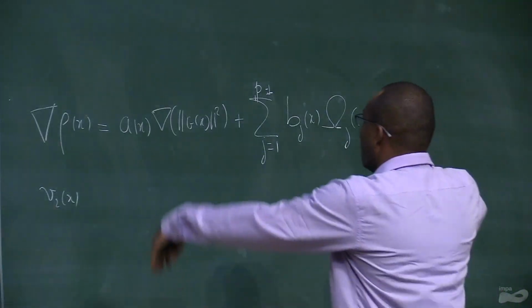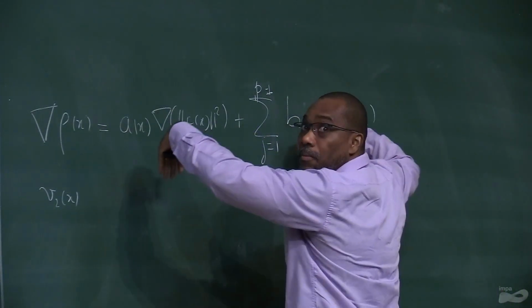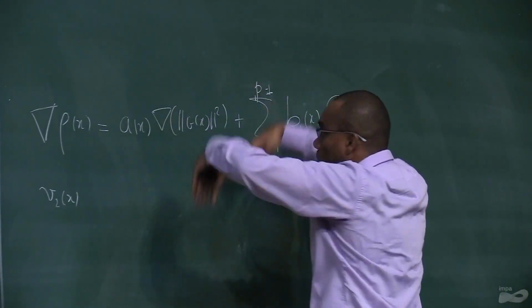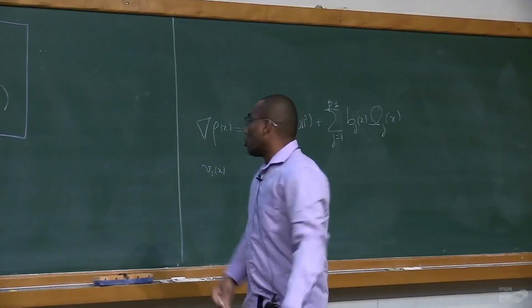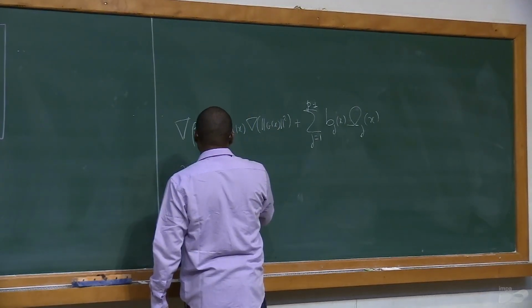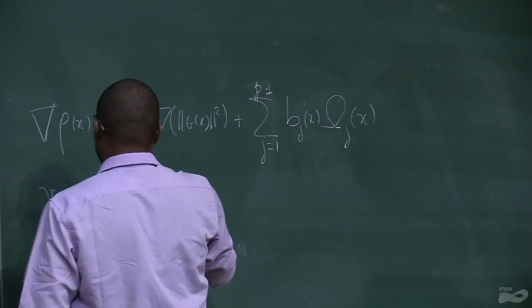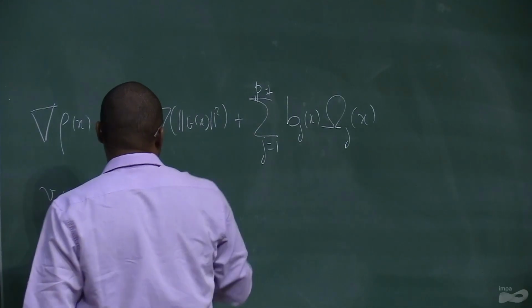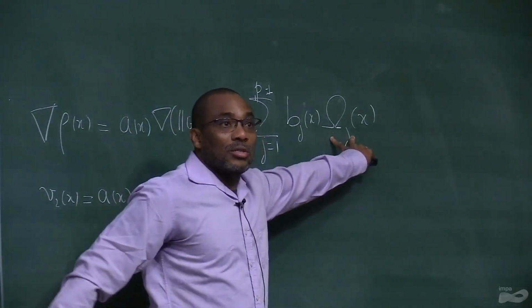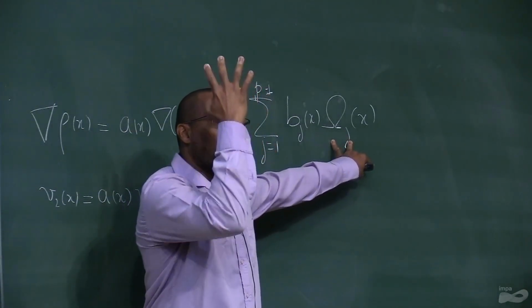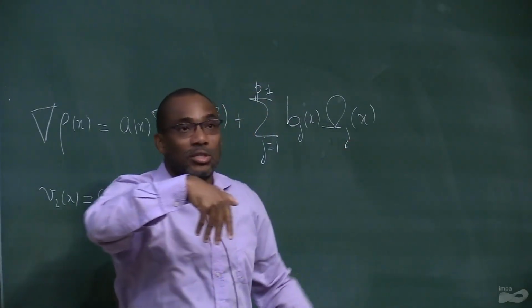But of course the projection is linear. So what do you get? You get ax times the projection of this guy, which is v1x. But since this is parallel to omega x, the projection is 0.